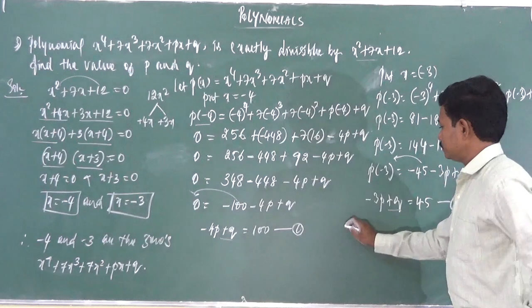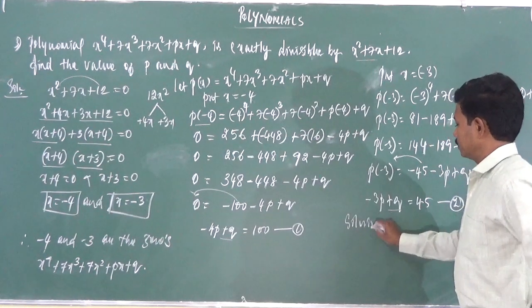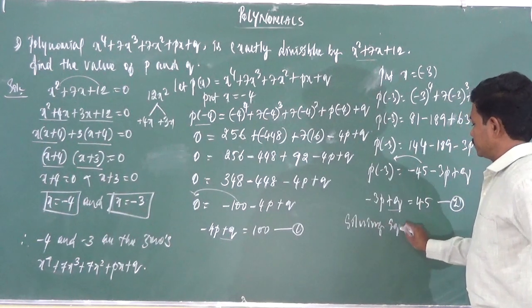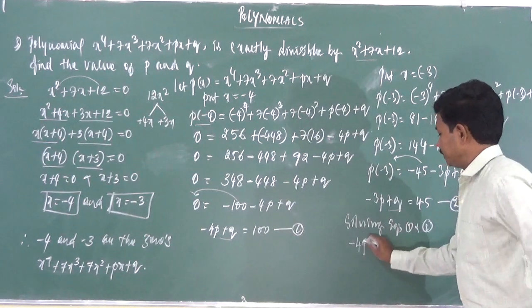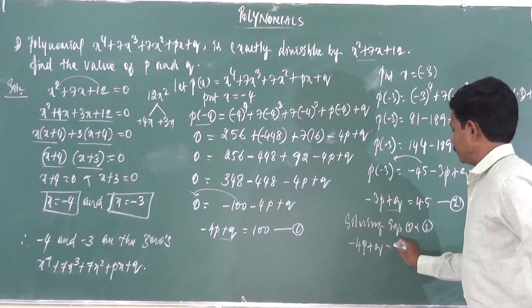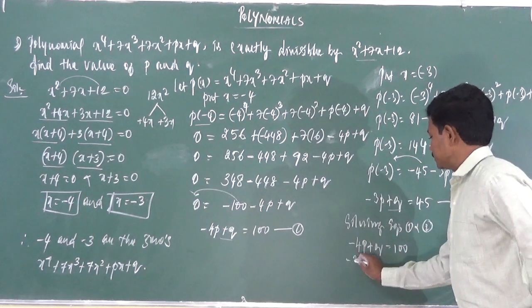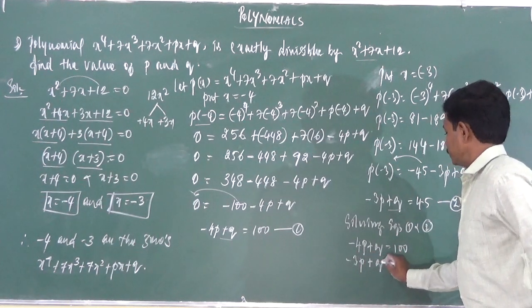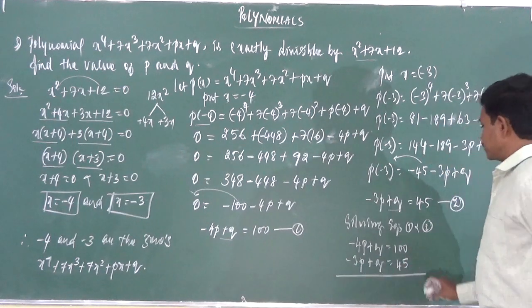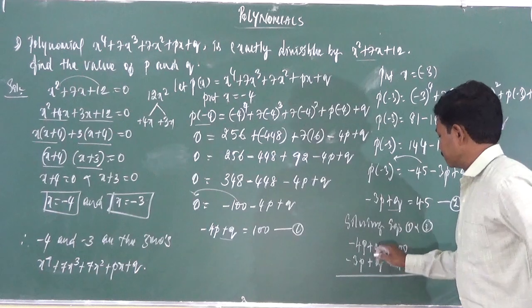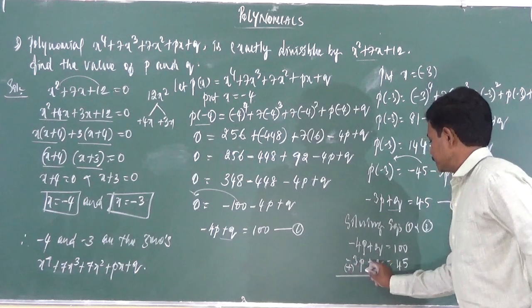So solving equations 1 and 2: minus 4p plus q is equal to 100 and minus 3p plus q is equal to 45. We will subtract this from this, so the sign changes.